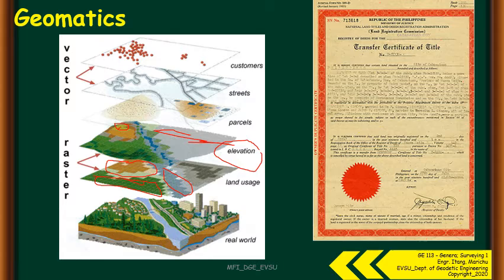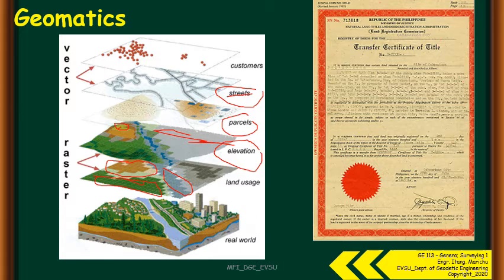We can also have the parcel. This is the fourth one. The parcel is each individual property or lot of people or of clients. This is per block. So we have here streets, like what you see in Google Maps, the street maps.